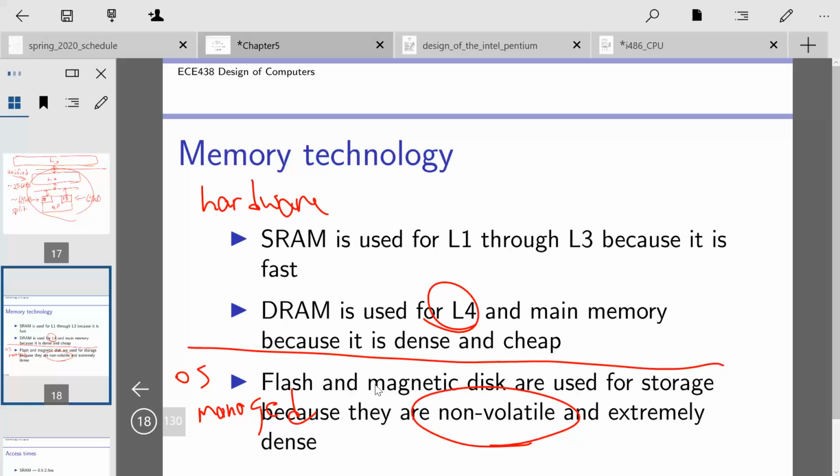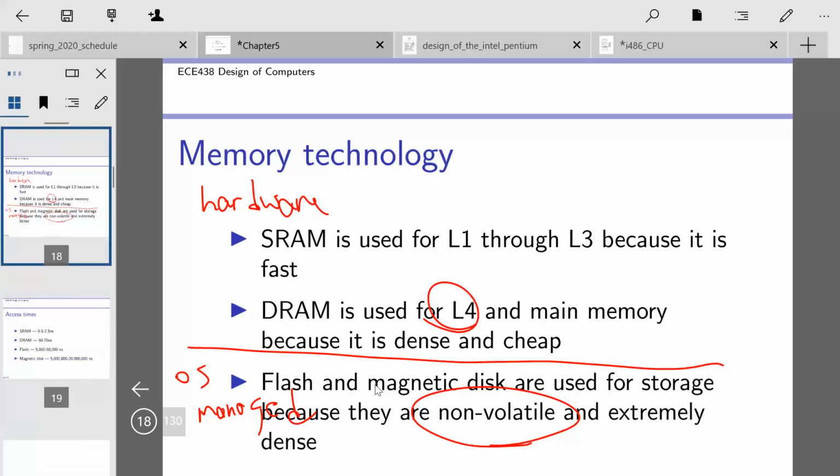If you're dealing with an embedded system, you might be using flash as your main memory, and that's still hardware managed, but that's a unique special case.